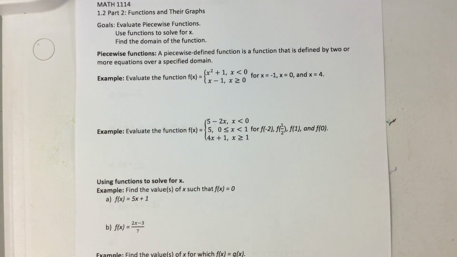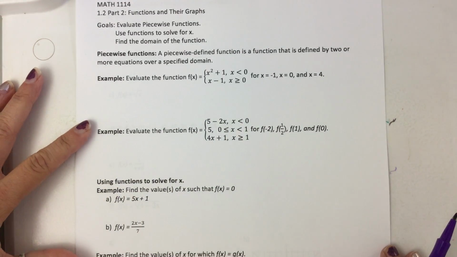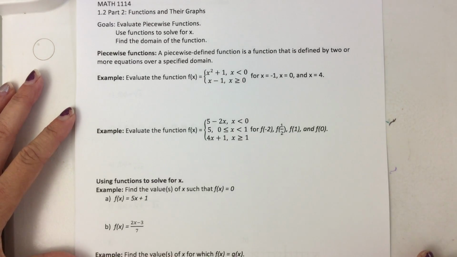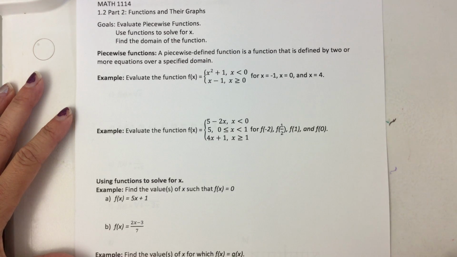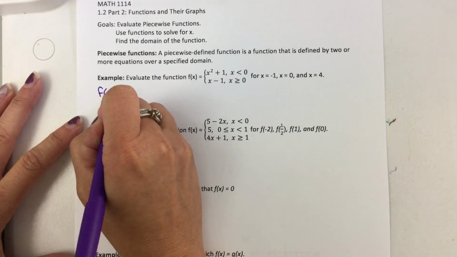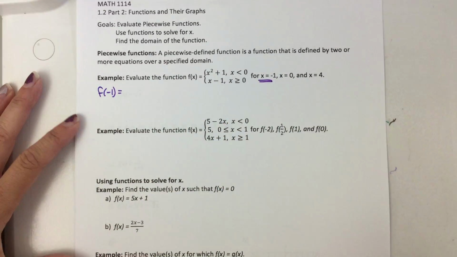You will never fill a value into both. You have to figure out, based off of the domain value, do I fill it into the top equation or do I fill it into the bottom? So first off, let's go f of -1 because they want us to solve if our x value is -1.